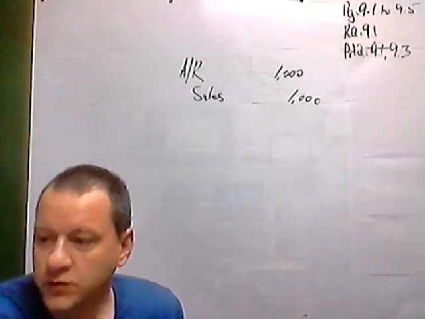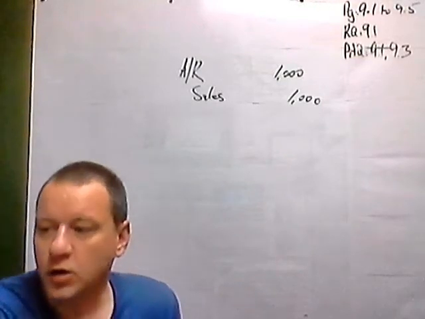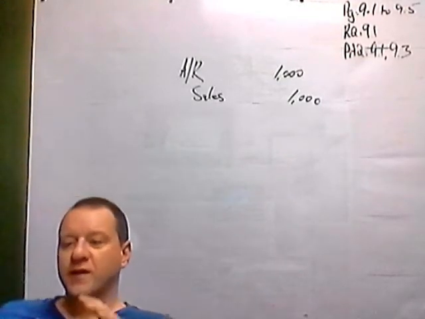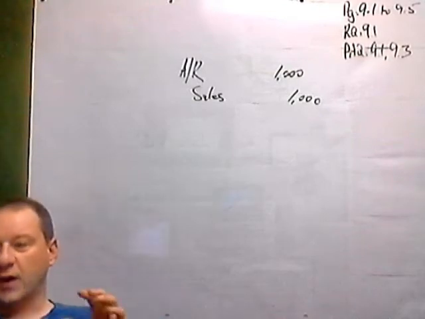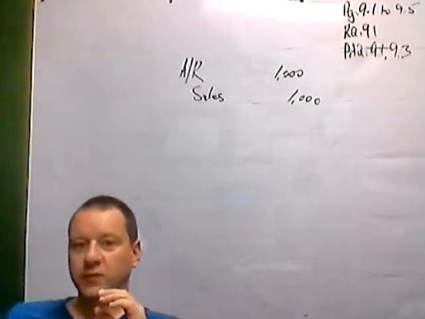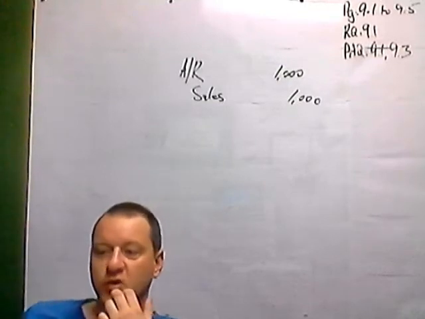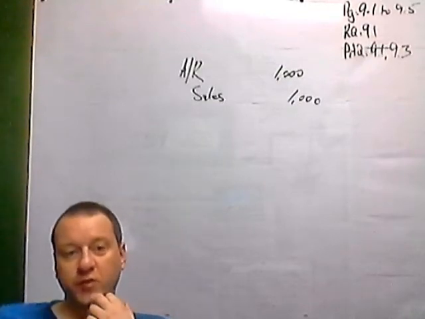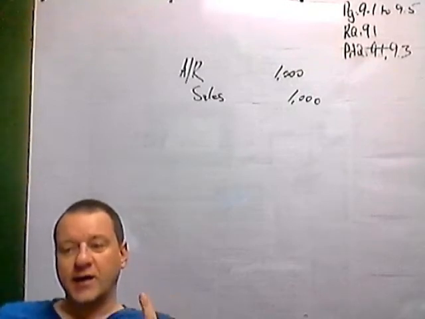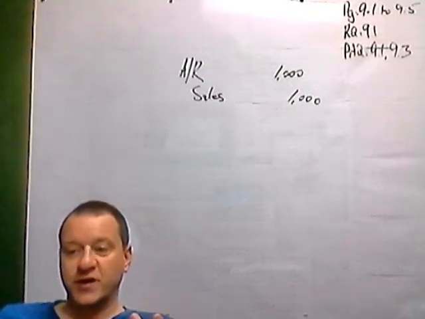Our learning objectives will be to identify the audit objectives applicable to sales and receivables. We're going to describe the functions and control procedures normally found in information systems for processing sales, cash receipts, and sales adjustment transactions.